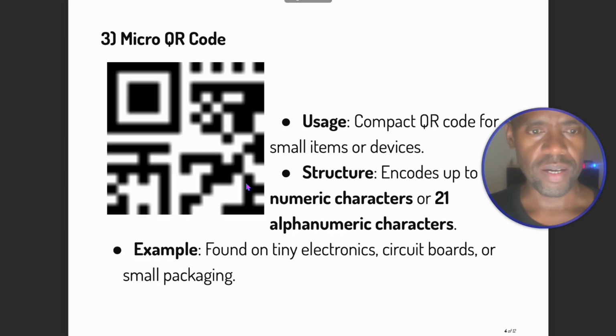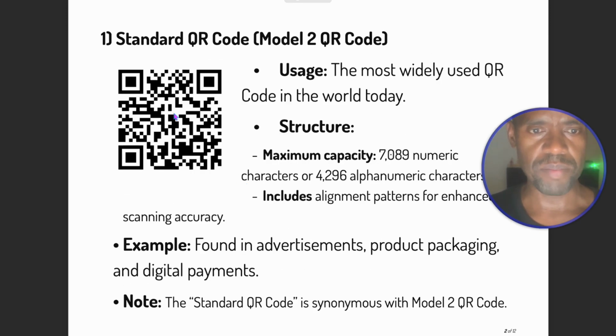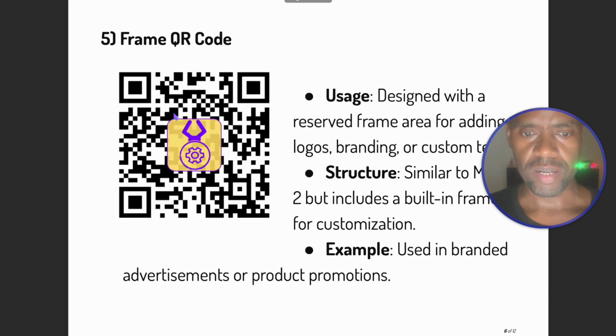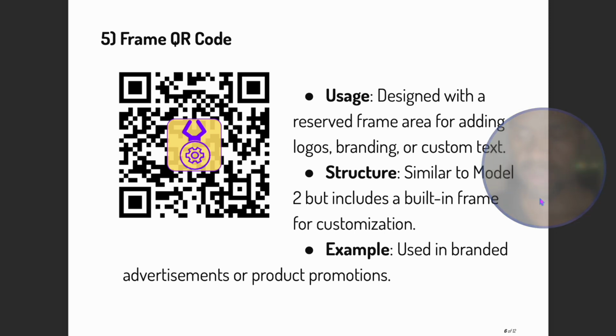As you can see, it has a similar structure as a standard QR code or Model 2 QR code, but it reserves a space for you to insert branding or logos. It's used in brand advertisements or product promotions.